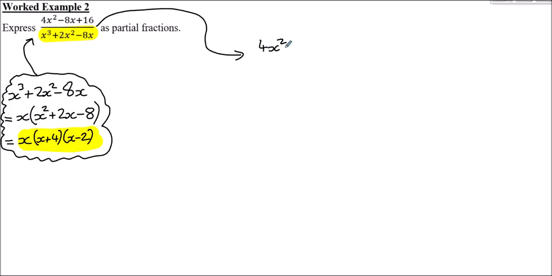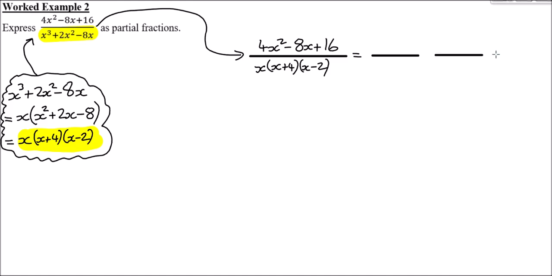So I've got 4x squared minus 8x plus 16 all over x brackets x plus 4 brackets x minus 2, which I can now write as three separate fractions. 1, 2, 3, where each denominator of the separate fractions is one of the factors: x, x plus 4, x minus 2.